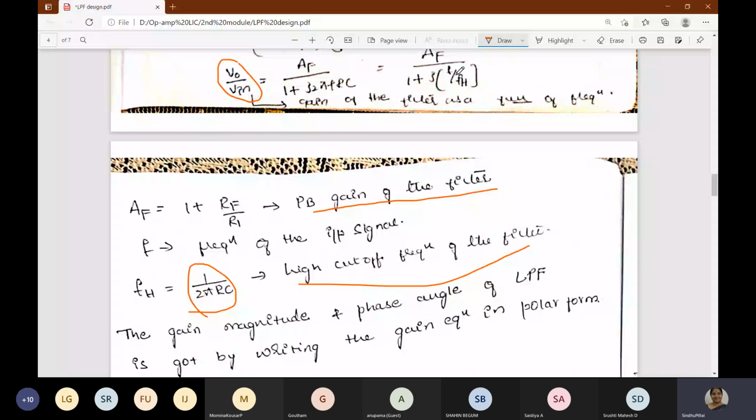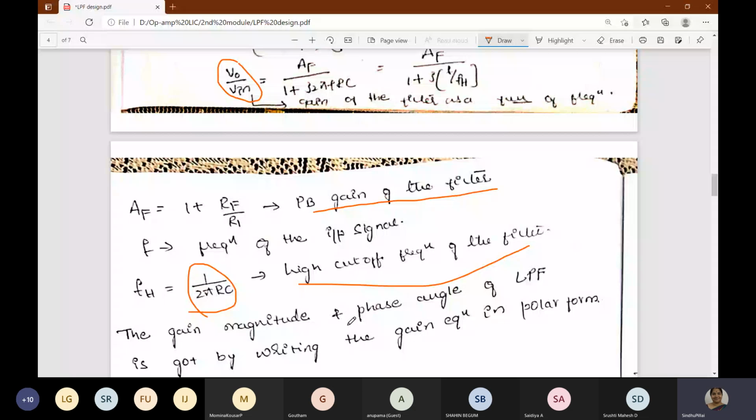So it is a filter, and the frequency selected depends on R and C. So R and C can be used to design the filters. That is important. The gain magnitude and phase angle of the low pass filter are written like this.